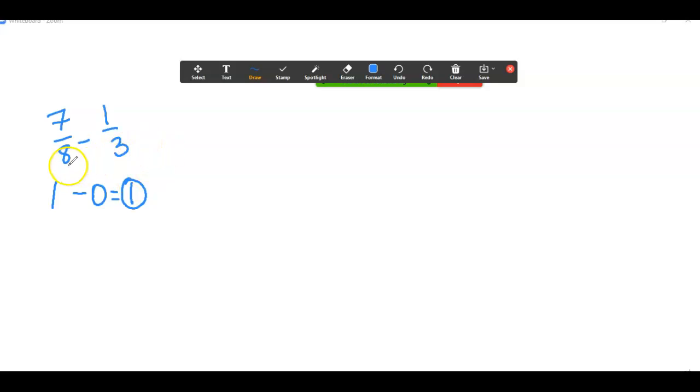Next, I find my LCD. So think for a minute of what you think the LCD would be for 8 and 3. All right, let's prove it. The multiples of 8 are 8, 16, 24, 32, and 40.